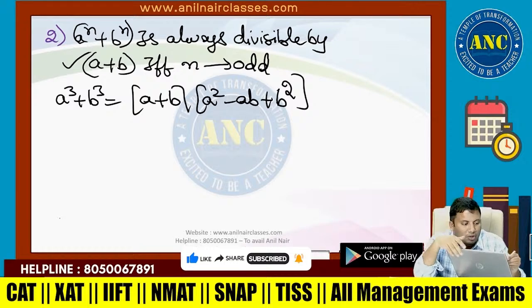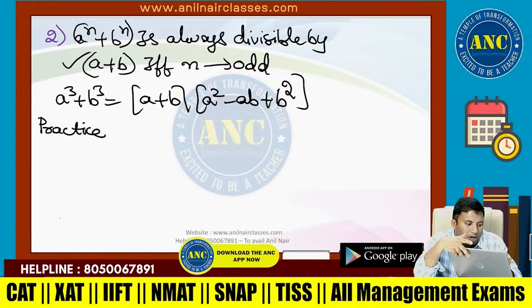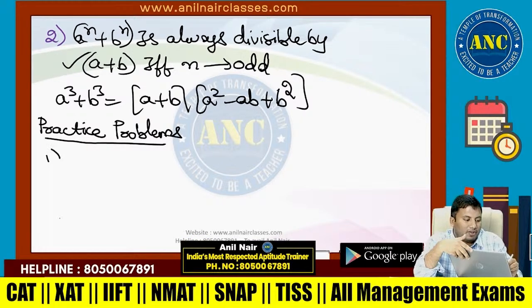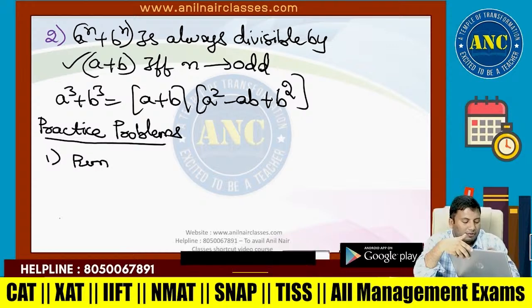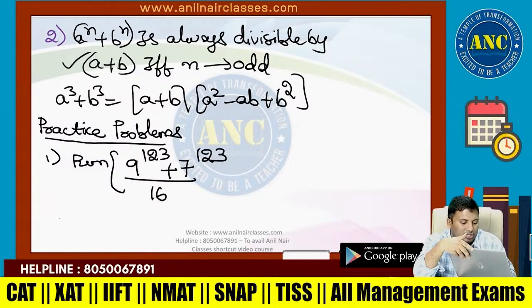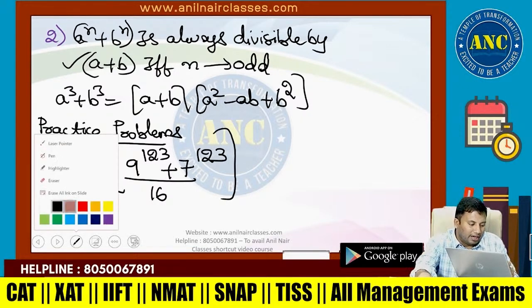Now we will do some practice problems. First one, remainder of 9^123 plus 7^123 divided by 16.